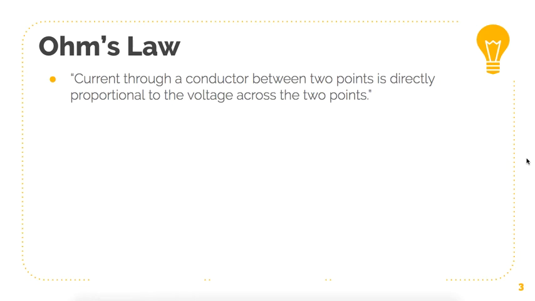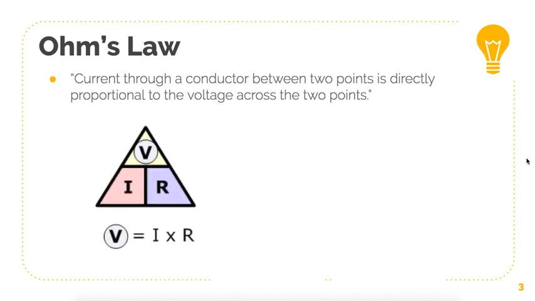So just as a review, Ohm's law states that current through a conductor between 2 points is directly proportional to the voltage across the 2 points. And using this statement, we can create 3 different equations to be able to calculate voltage, current, and resistance using Ohm's law.